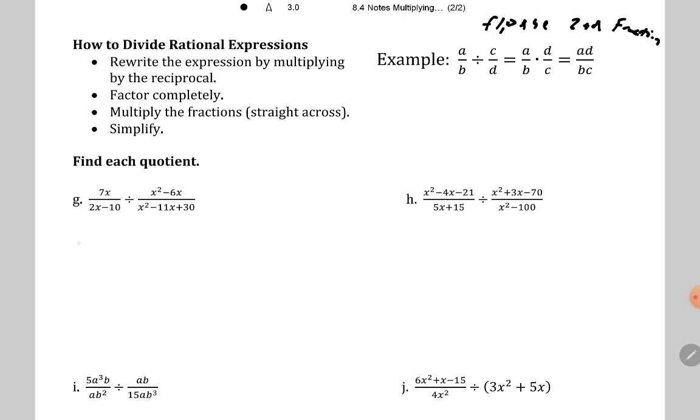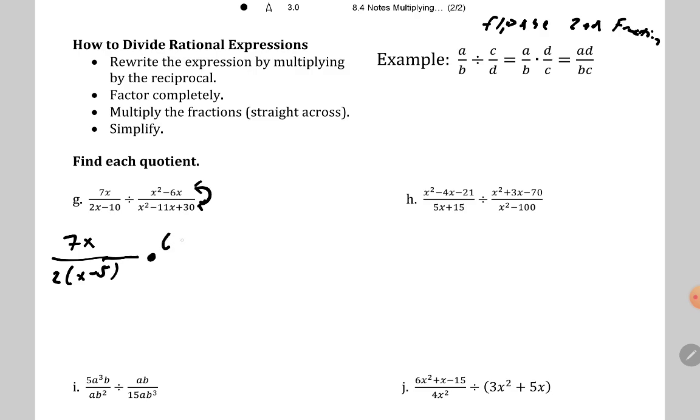So part G, we have 7x, this factors into 2 times (x minus 5). You're going to change division into multiplication, and then we're going to flip the second fraction. So I have x squared minus 11x plus 30.